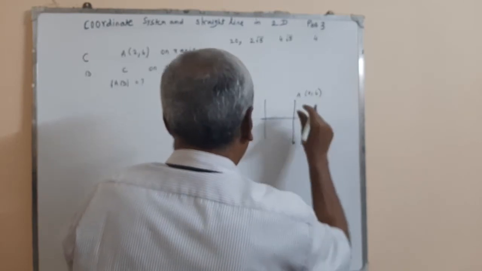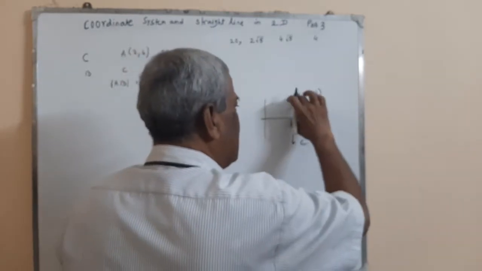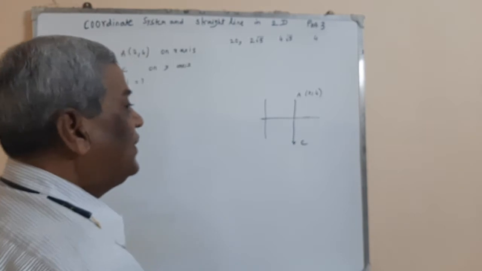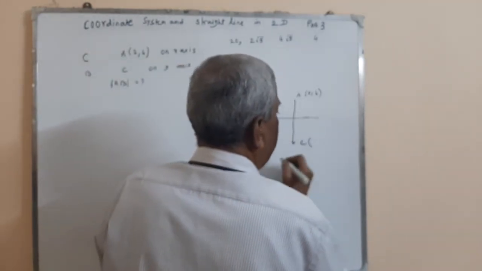If it will be C, then AC is perpendicular to x-axis, and this distance must be equal to that distance. So very easily we can calculate coordinate of C.